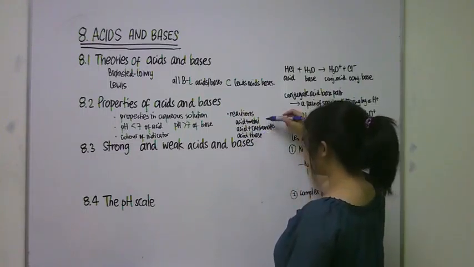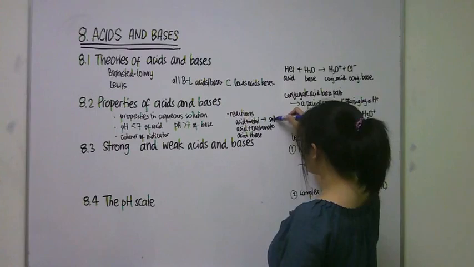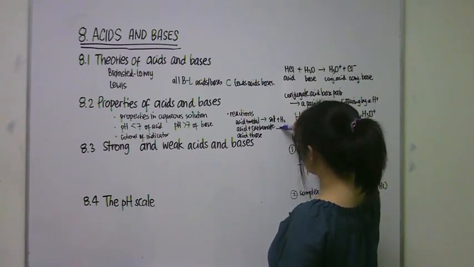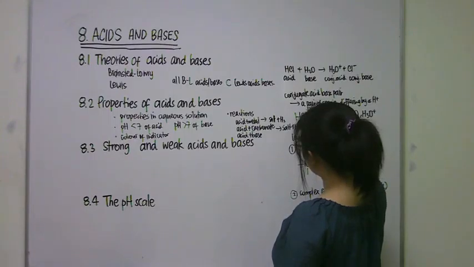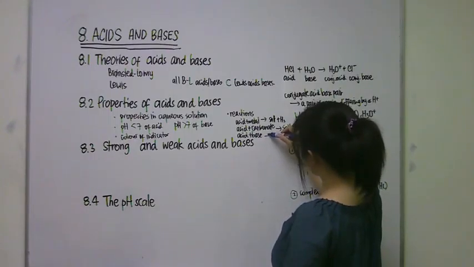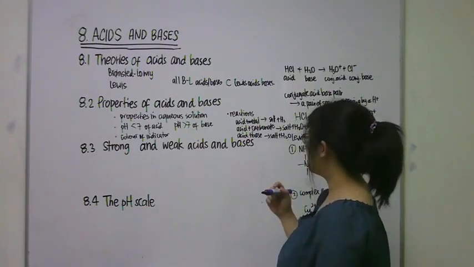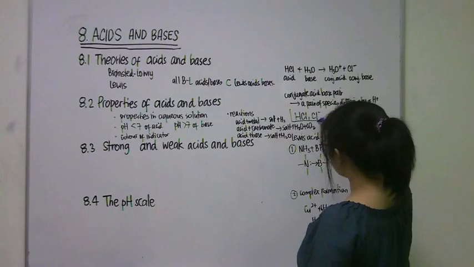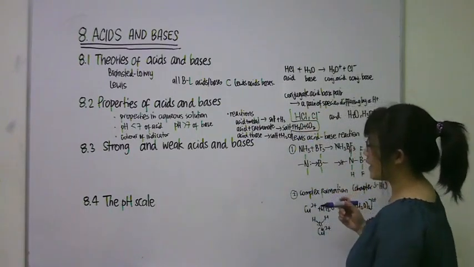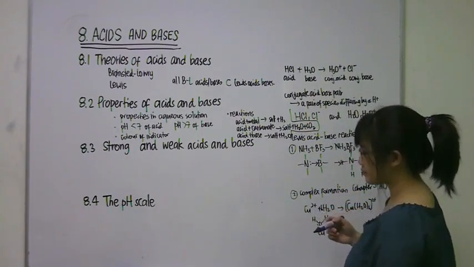Okay, they should know the products: salt and hydrogen; salt, water, and carbon dioxide; salt and water. Okay, so that's all about the properties of acids and bases.